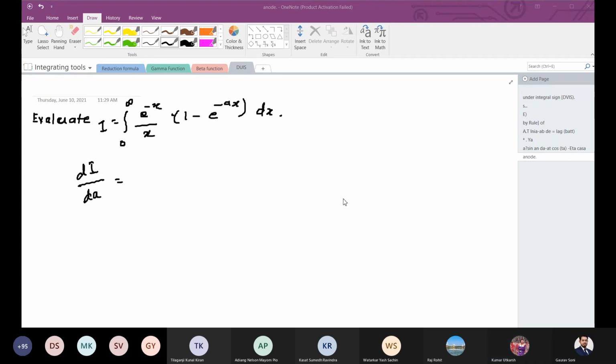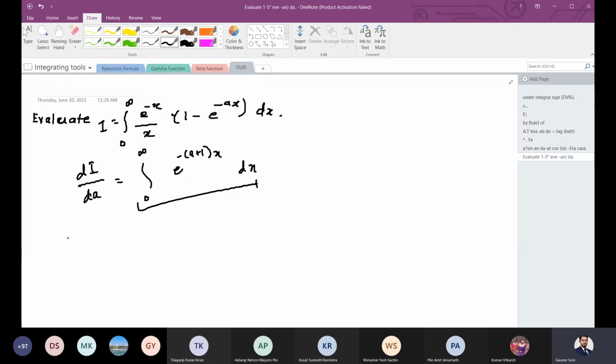No. You are telling me the integrand after taking the derivative. What I need is what you get after the integration. What you are saying is it is integration 0 to infinity, then you will have e to the power minus of a plus 1 x dx. This is what you are telling me. I don't want this. Solve the integration and tell me simply what is di by dA.